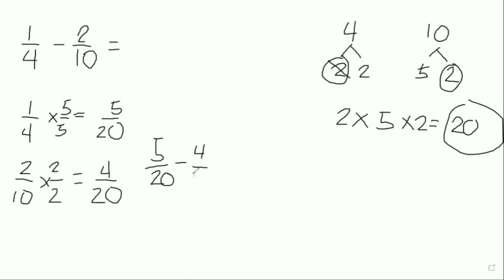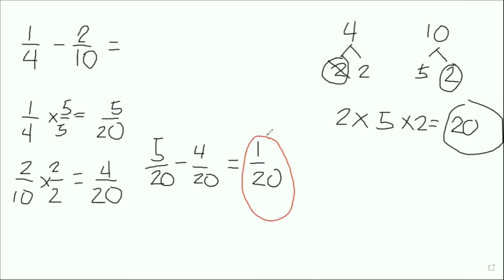So, ipa-perform lang natin yung operation sa numerator. 5 minus 4 is 1, and then just copy 20 as denominator. And yung 1 and 20, wala na siyang common factor maliban sa 1. Therefore, our simplified and final answer is 1/20th.